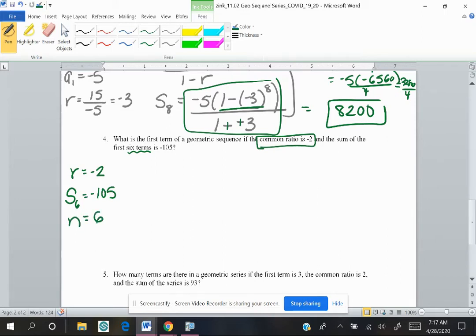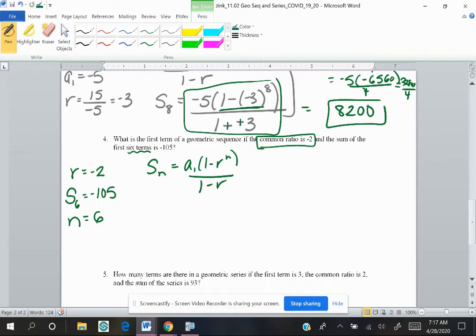Since I'm given what the sum is, I'm going to start with my sum formula, because if I look at my term formula, I would need to know the nth term, so the 6th term, which I don't know. So S sub n equals a sub 1 times 1 minus r to the n, over 1 minus r.